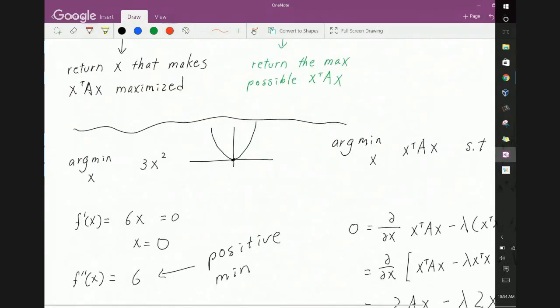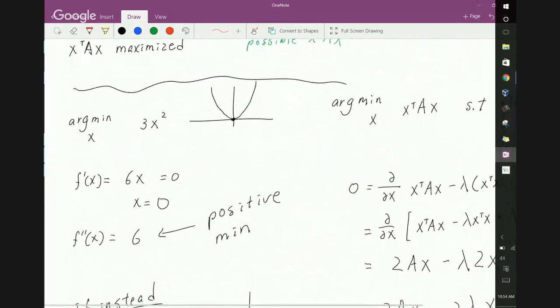Okay, now if we move on to a more toy problem in regular calculus, let's say we have this right here. If we want to find the argmin, the x that minimizes this, it's quite simple, especially if we can plot it out. It's very obvious that as the plot goes, the smallest possible value is at x equals 0, right here.